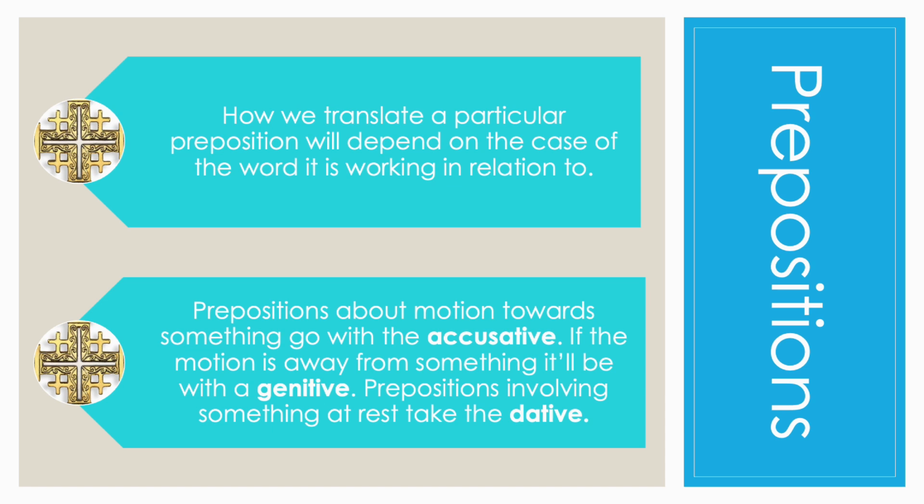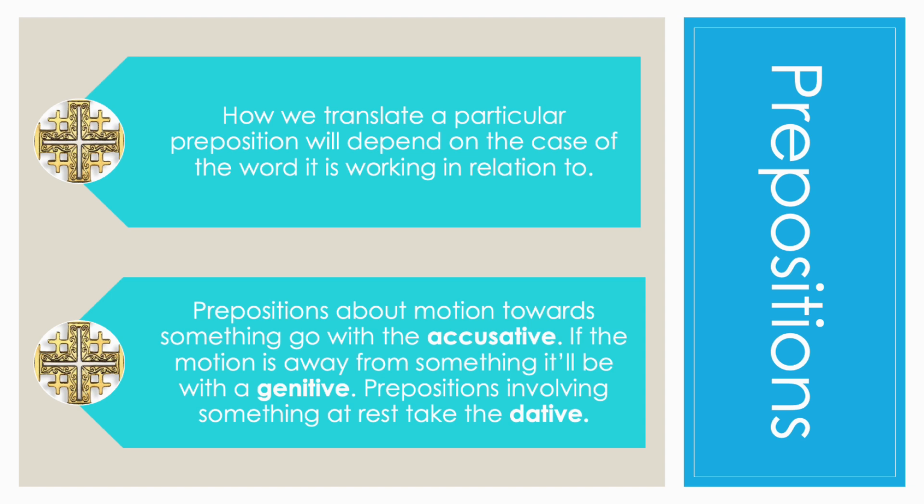When we look at prepositions, we need to think about the case of the word the preposition is working in relation to or towards. Prepositions are usually about motion towards something, either in a literal, physiological and spatial sense, or in a theoretical sense, in a conceptual way.